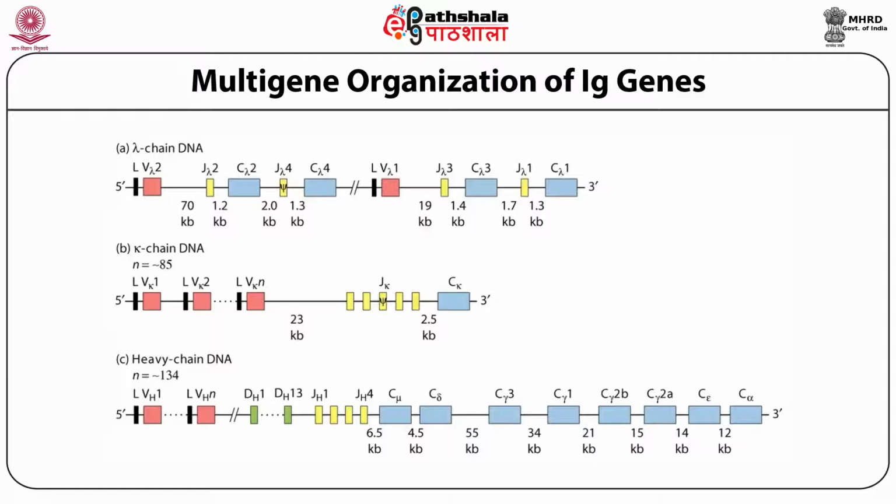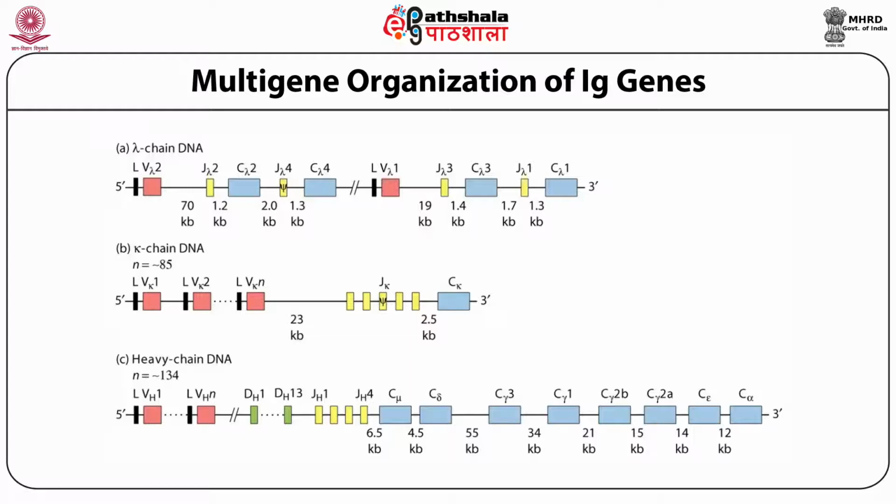This splicing is carried out by enzymes called recombinases, RAG1 and RAG2. These are the two important enzymes responsible for removing the unwanted DNA, and one V and one J come very close to each other and form the functional kappa light chain.